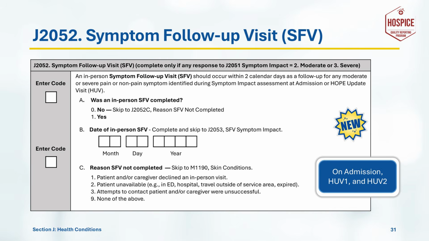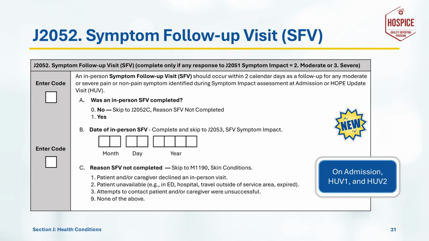It reads, an in-person symptom follow-up visit, SFV, should occur within 2 calendar days as a follow-up for any moderate or severe pain or non-pain symptom identified during symptom impact assessment at admission or hope update visit.